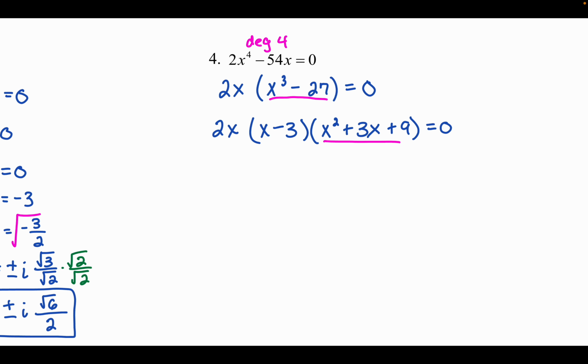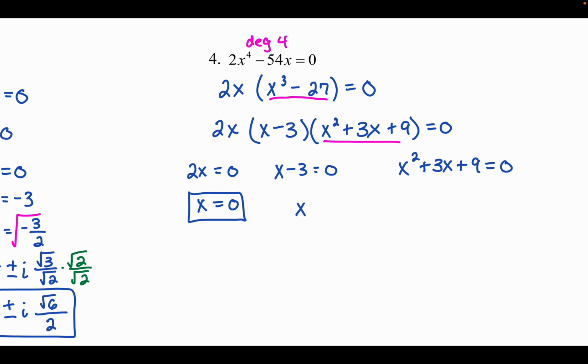So we're done factoring, so we just set each factor equal to 0. So I'm going to set 2x equal to 0, x minus 3 equal to 0, and then x squared plus 3x plus 9 equal to 0. The first two equations are easy to solve. I just get x equals 0 and x equals 3.